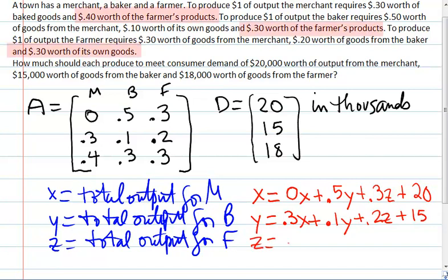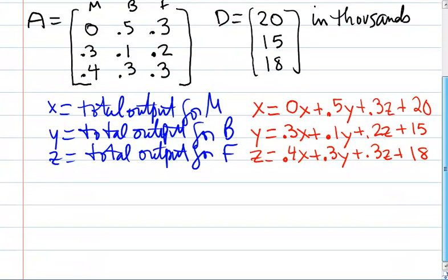Total output for the farmer: 40 cents for each $1 of output for the merchant, 30 cents for each dollar of output for the baker, which is Y, and 30 cents for each dollar of output for the farmer, plus 18,000 for the consumers. So that system of equations in red is what I'm going to need to solve.